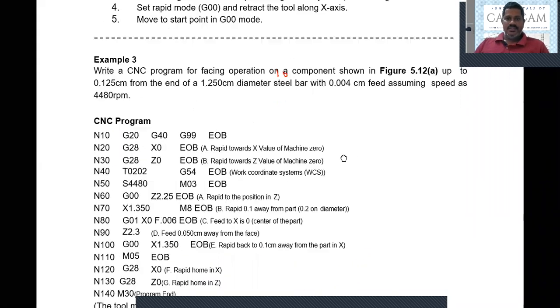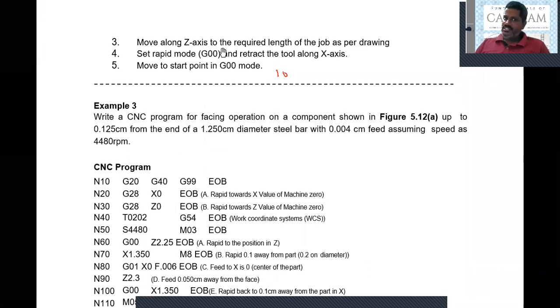Now you can see, moving along the z-axis is the required length of job to be cut. Just giving the depth of cut along the x-axis and moving the tool for the turning operation.